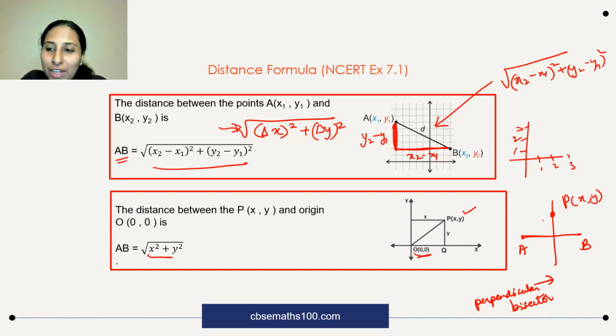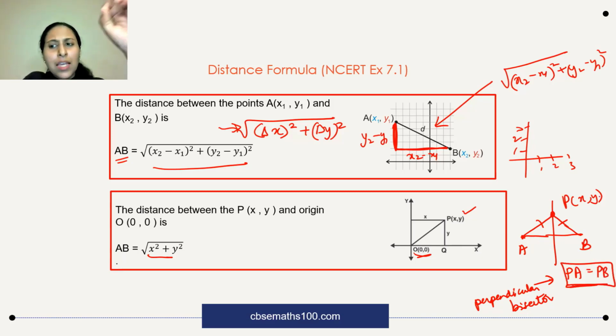This point will be at equal distance from A and B if it is lying on the perpendicular bisector. Then PA is equal to PB.